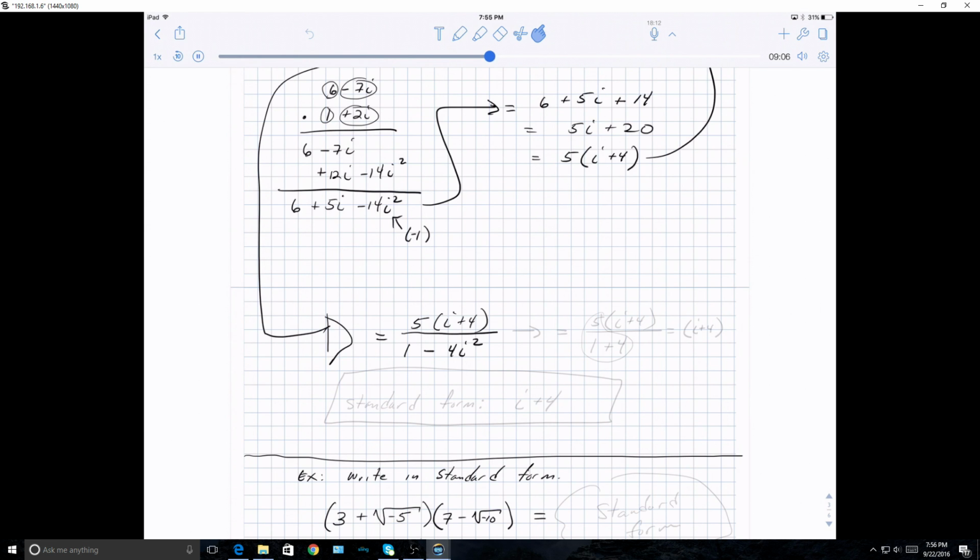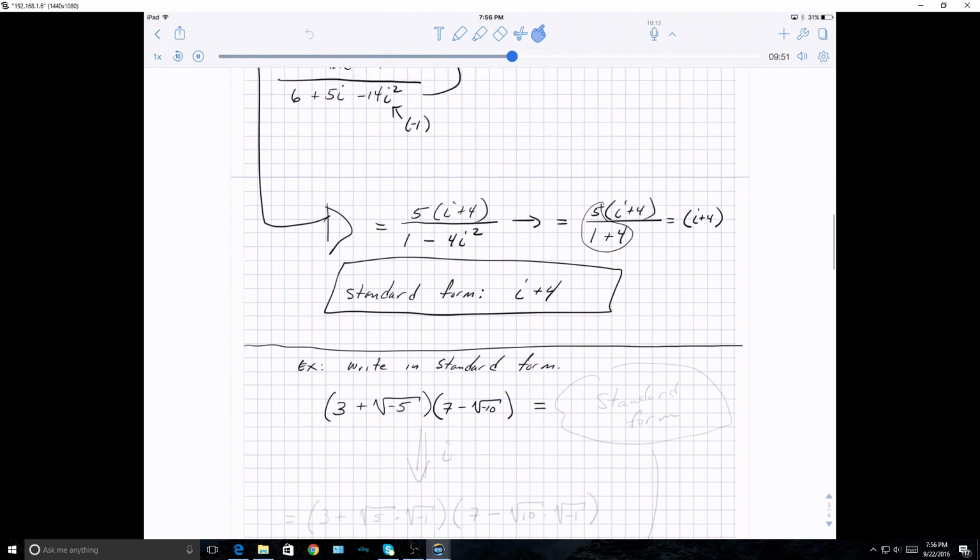So this is equal to 5 times the quantity i plus 4 divided by 1 plus 4, which is clear to see crunches down to i plus 4. So the standard form for this problem is i plus 4. And where did I get i plus 4? Well, because that's 5 over 5, and they just cancel out.